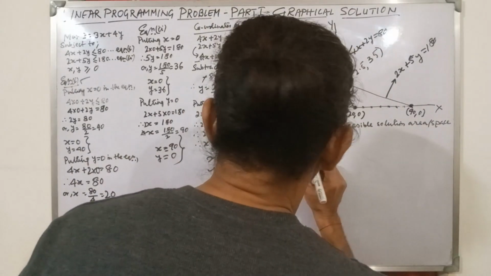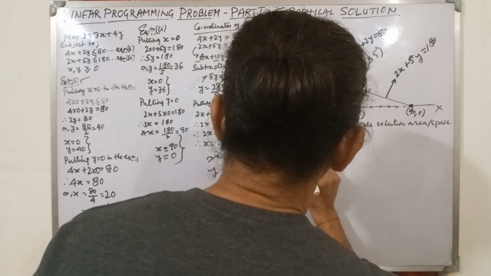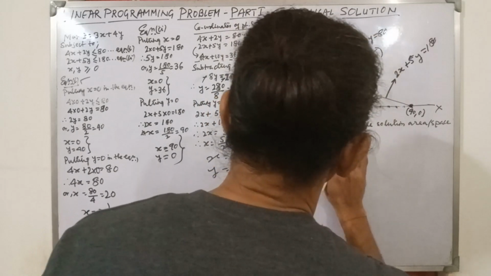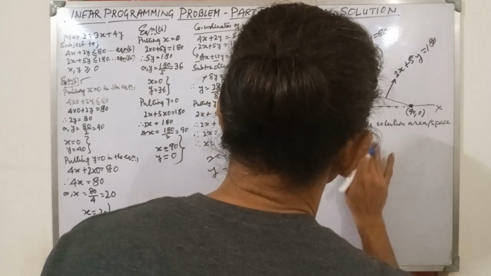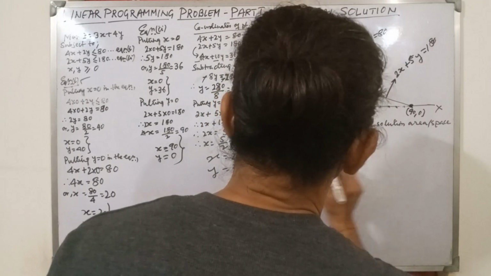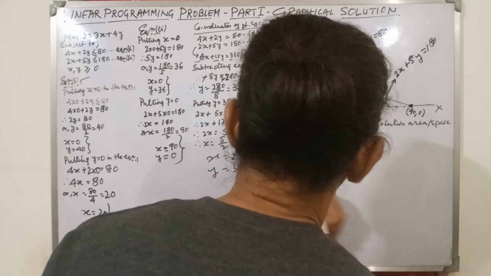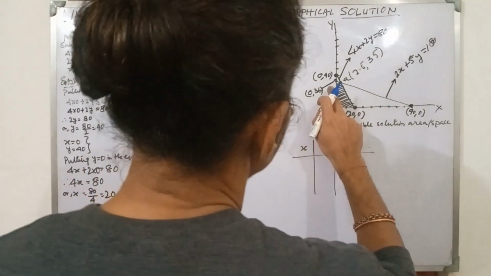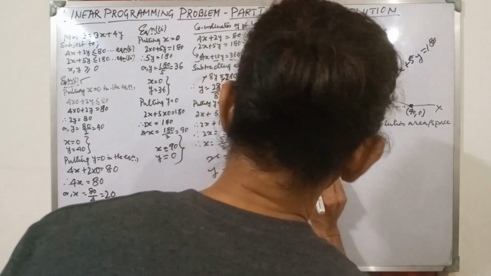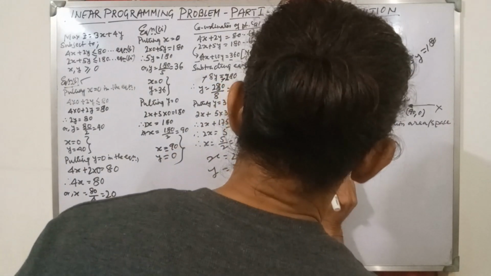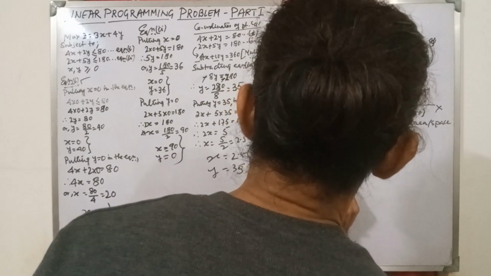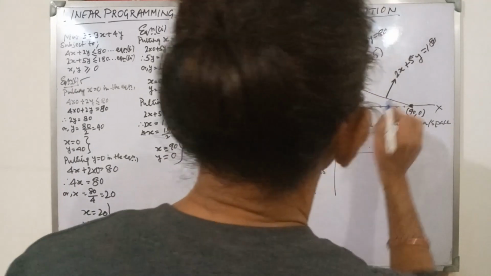Now we would form a table consisting of 3 columns: x, y, and z. First we put this coordinate 0, 36. Then A, 2.5, 35.